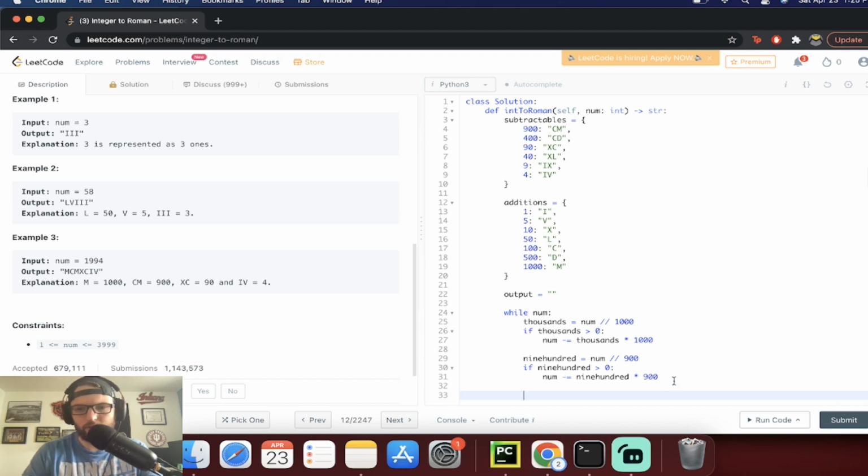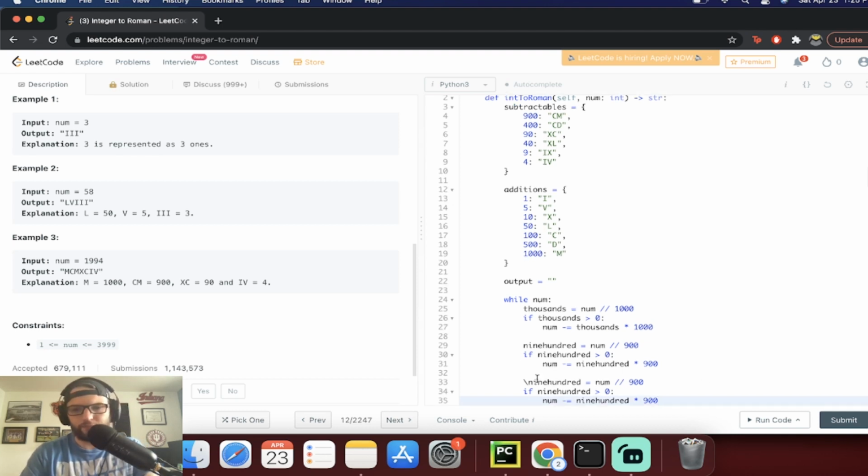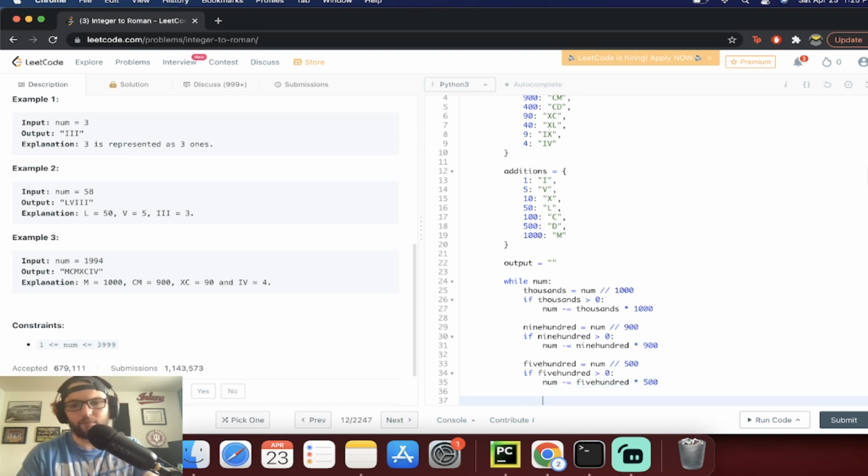Just keep doing this. So then you go here, go 500. I can definitely optimize this. I'm just doing this for the time being to get that solution going. 500, 400. Probably end up fast forwarding this.